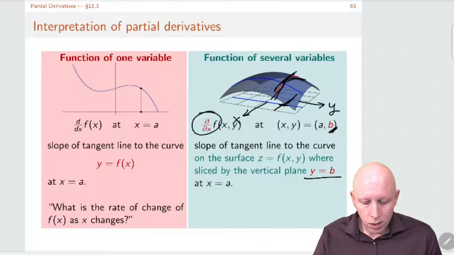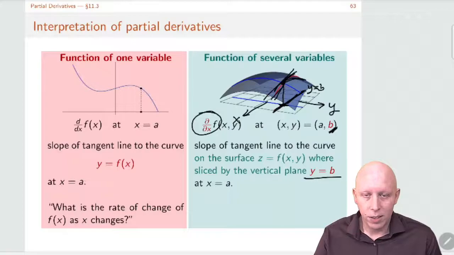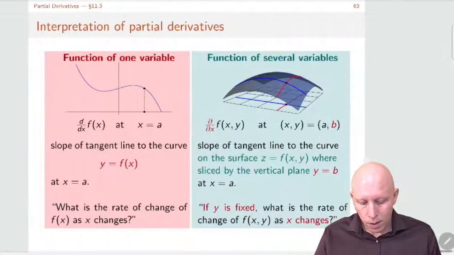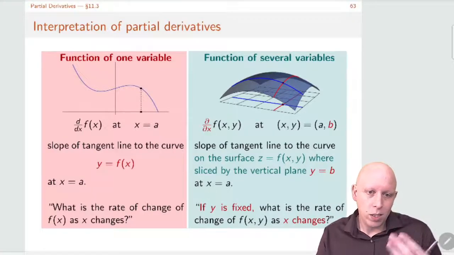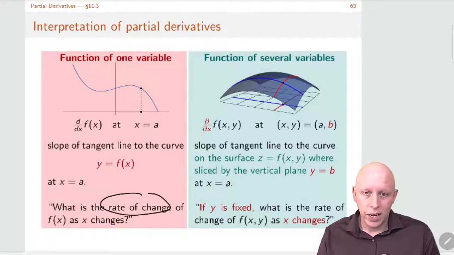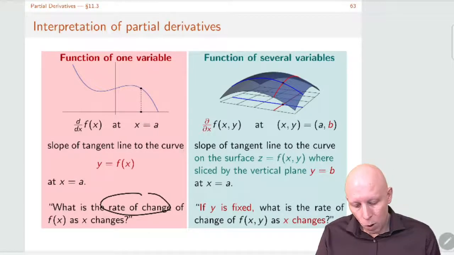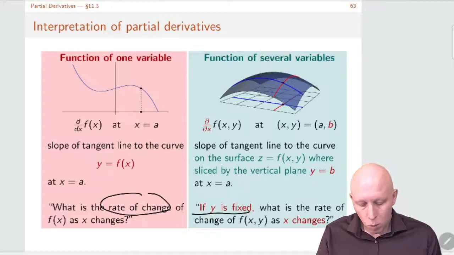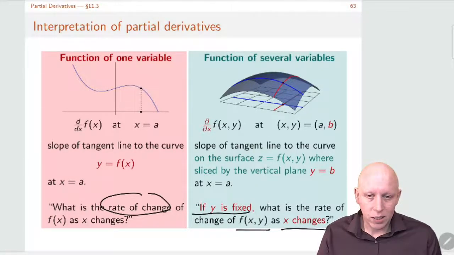So we're walking along this line here, where y is equal to b, and we get to this point a, and we say, well, what's the tangent line here? So we can understand this as a tangent line, but if we want to talk about it in terms of rate of change, then what we're asking is, if y is fixed, what is the rate of change of f of x y as x changes?